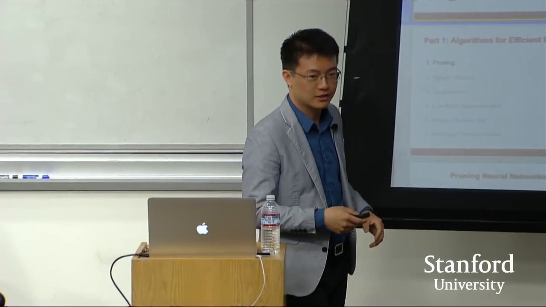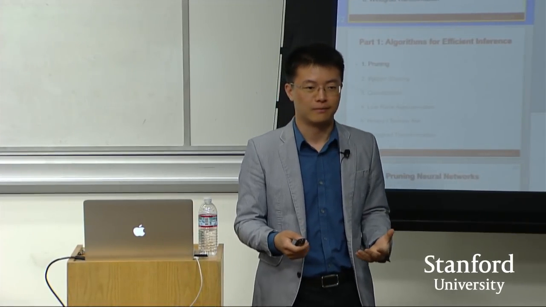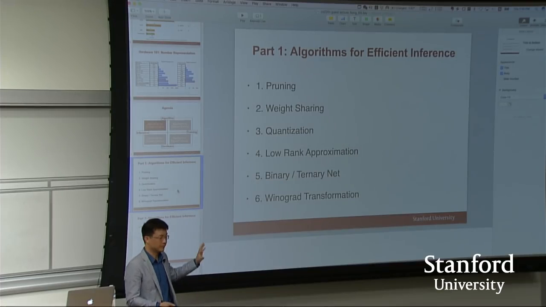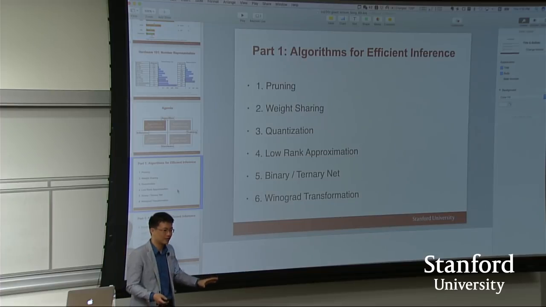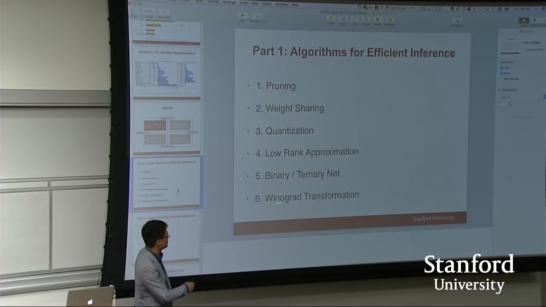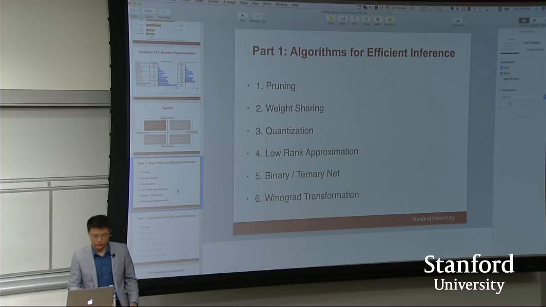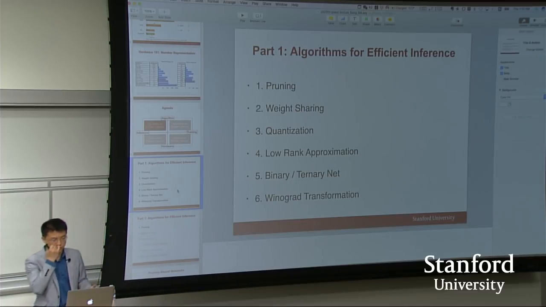These are the techniques that can enable such inference or AI running on embedded devices by having fewer weights, fewer bits per weight, and also quantization, low rank approximation, the small matrix, same accuracy, even going into binary or ternary weights, having just 2 bits to do the computation rather than 16 or even 32-bit, and also the Winograd transformation. Those are also the enabling algorithms for those low-power embedded devices.